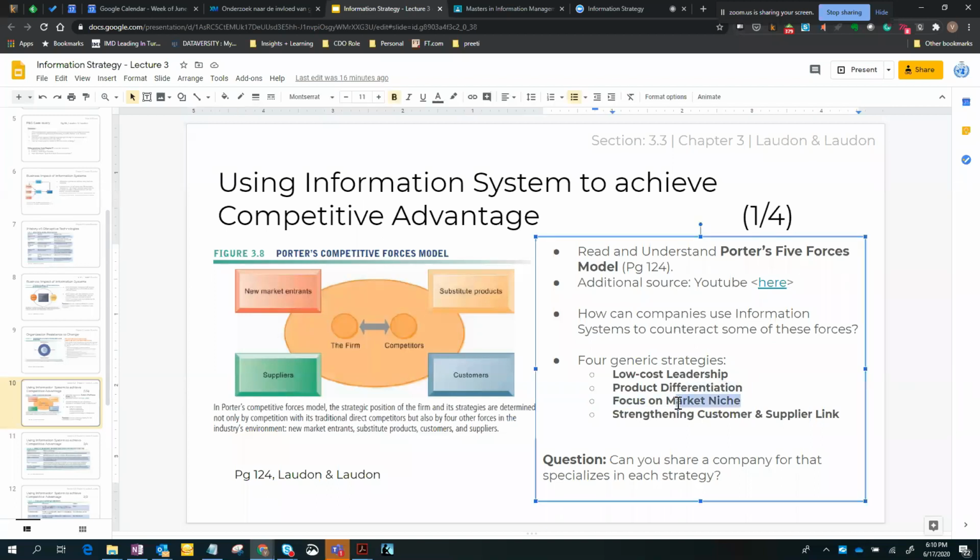Niche means you only focus on a narrow part of the market. They don't make the whole trouser or the other clothes and the shoes or other kind of things. They only make socks, and that's focusing on the niche. They specialize in making the most different looking and probably expensive socks. That's possible.